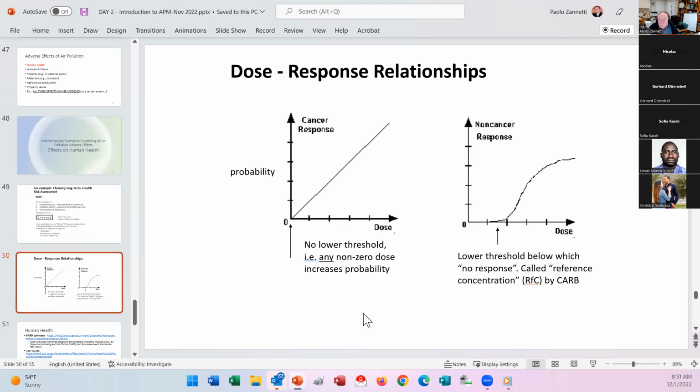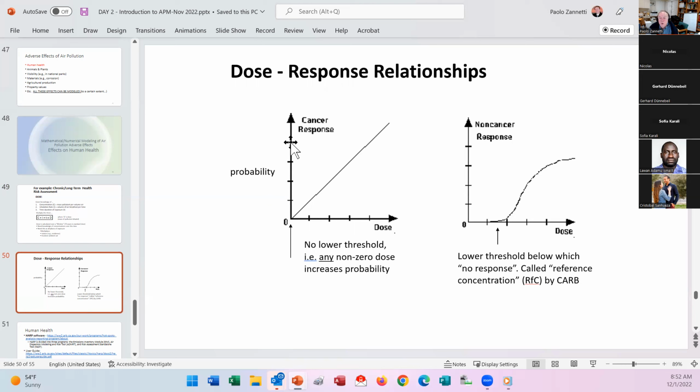Dose probability. So if the dose is high, you will have a higher probability of getting cancer. If the dose is low, you will have a low probability of getting cancer, but still non-zero.